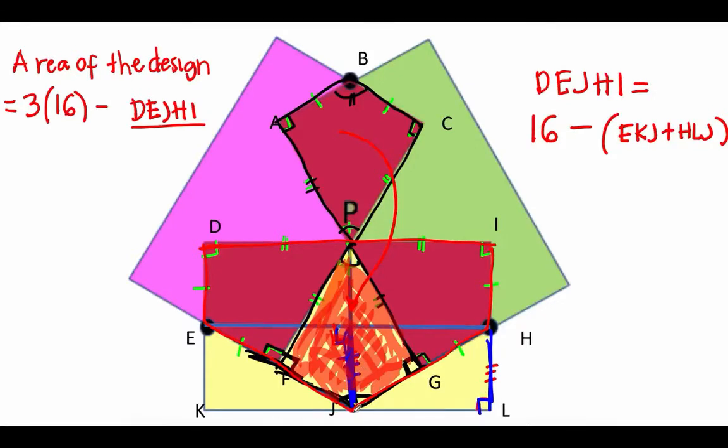Now, since this part is the midpoint of side KL, that means that this length here must be equal to the length of the side here of the triangle. So using the side angle side congruence, we can show that this triangle is congruent to this triangle here.